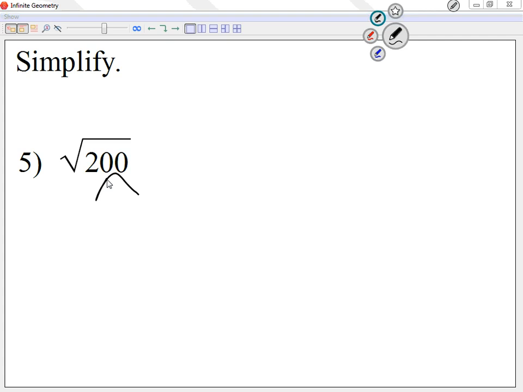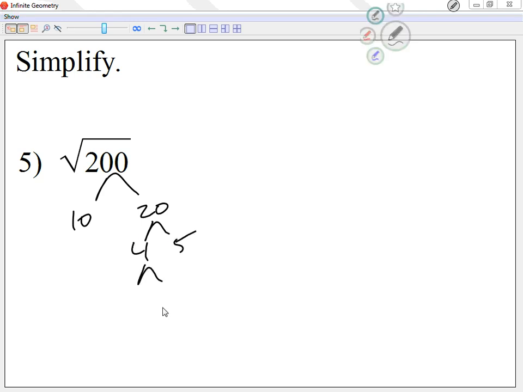Give me two numbers that multiply equals 200. Which one? 25 times 8. Okay. Oh, 10 times. Oh, I heard you wrong. Okay, 10 times 20. My bad. 10 times 20. Let's break out the 20. Give me two numbers that multiply equals 20. 4 and 5.